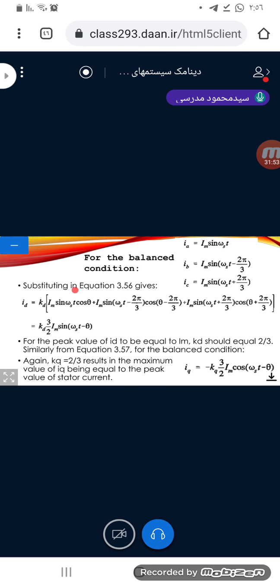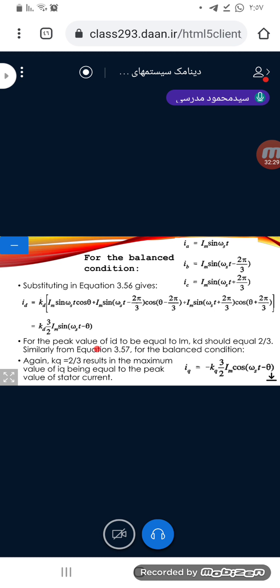Substituting in equation 3.58 gives ID equal to this figure, that is equal to KD times 3 divided by 2 times IM times sine omega S T minus theta.